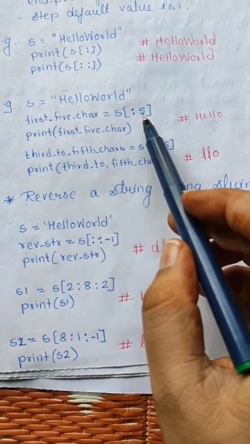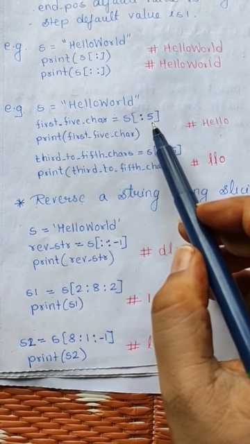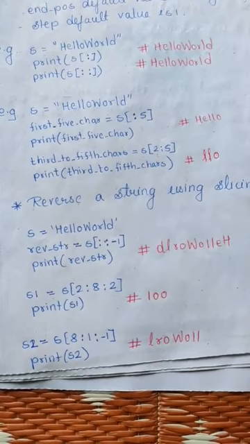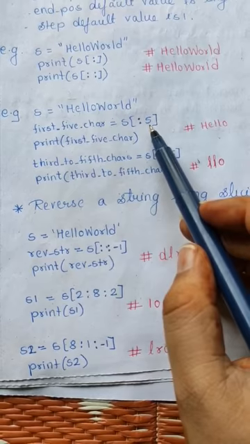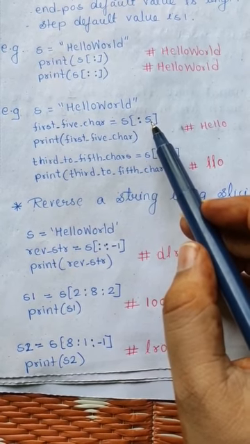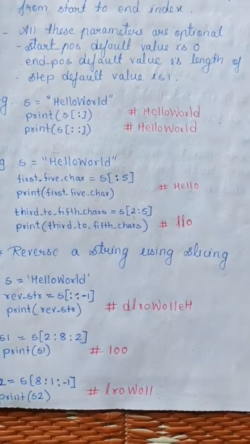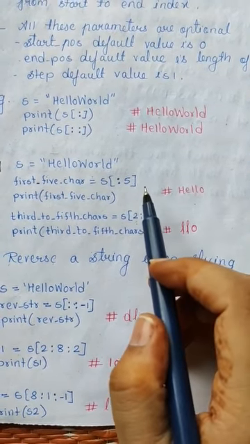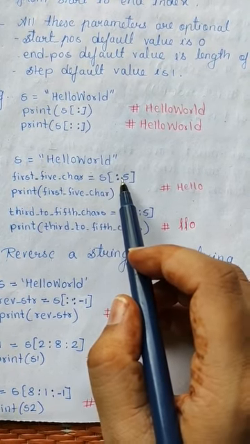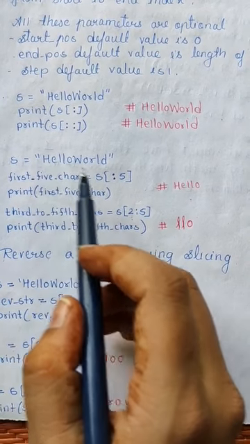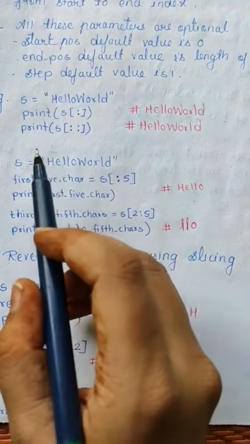We have already seen that the end position minus 1 location is retrieved. That means up to the 4th index. As I have not mentioned the starting position, by default it is going to take the 0th position.